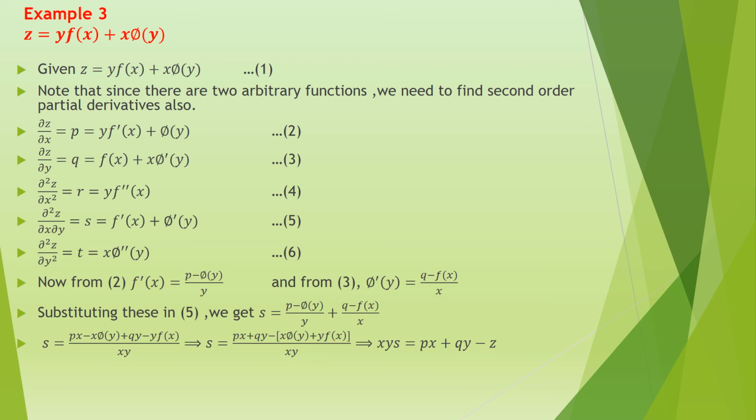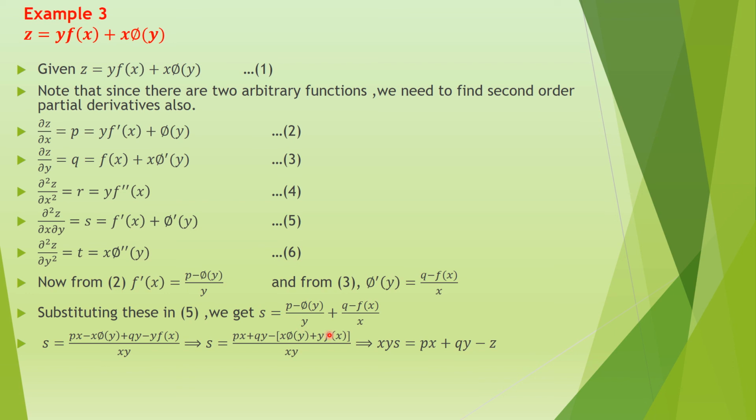Now let me shift this xy to the left with s. So this is xys is equal to numerator px plus qy minus, look at x phi of y plus y f of x.